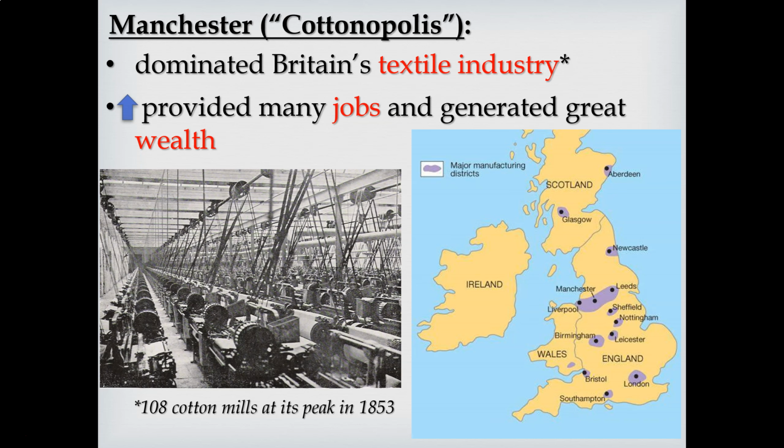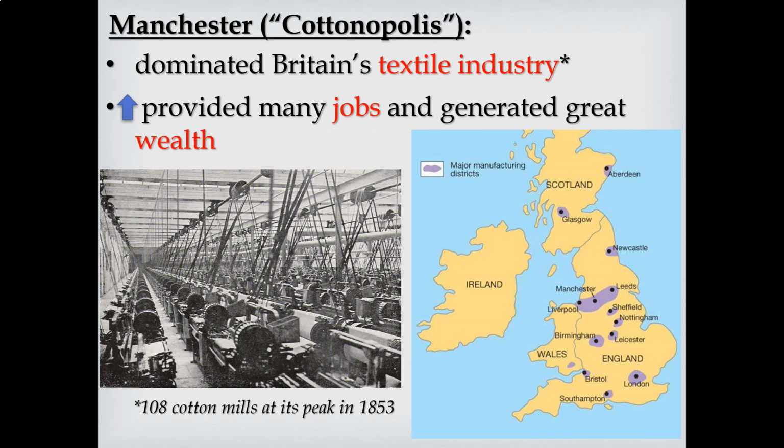So one city in particular that really symbolizes this Industrial Revolution is the city of Manchester. And if you're not familiar with British geography, Manchester is right there. There's London, the capital of the United Kingdom. And Manchester became the focus city for Britain's textile industry.